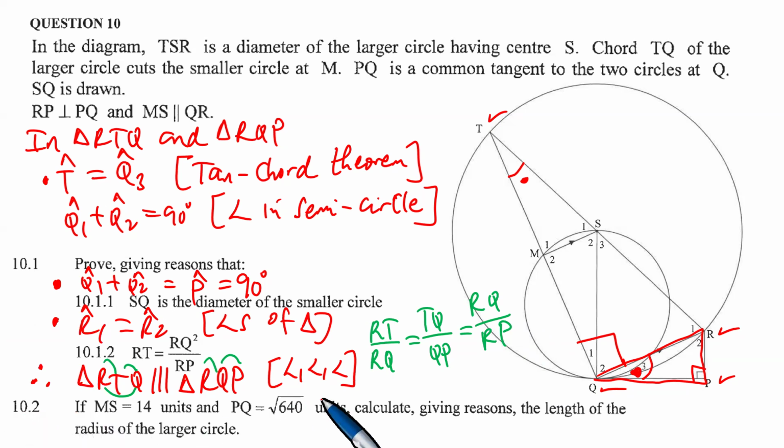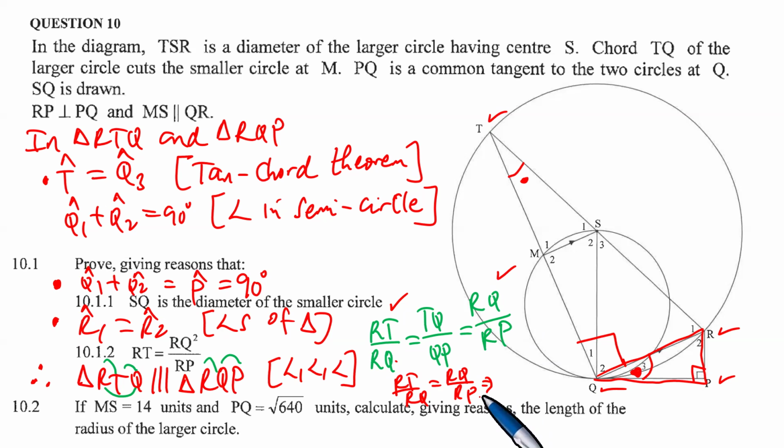So that then in the end, you take this one and this one, because you must have RQ squared. To get RQ squared, you need to cross multiply this with this. So RT over RQ is RQ over RP.